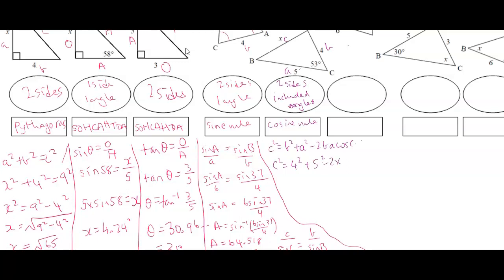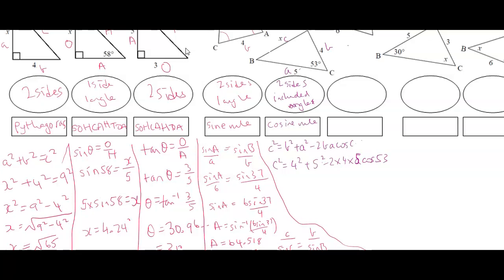Minus 2 times 4 times A. And it doesn't matter what order you put B or A in. And then cos 53. Oh, 2 times, sorry, I'm getting confused. There we go. Miss Brennan talking is confusing me. Cos 53. Not that I can understand what she's saying.